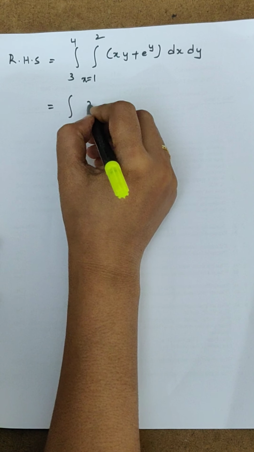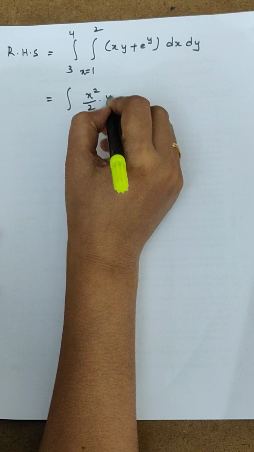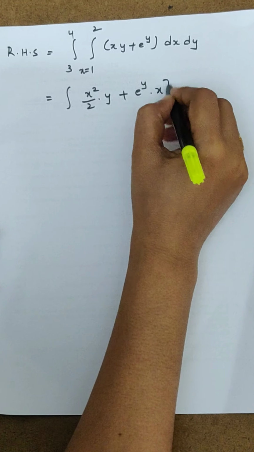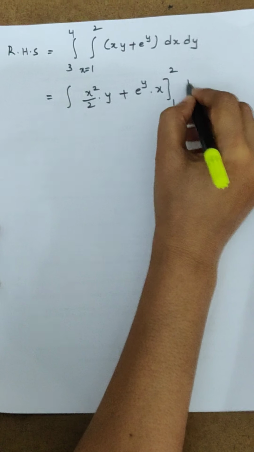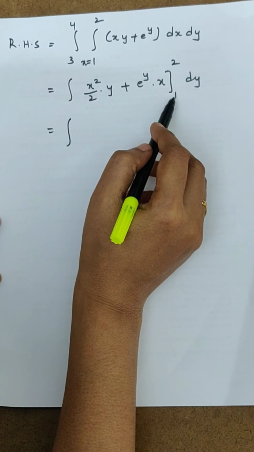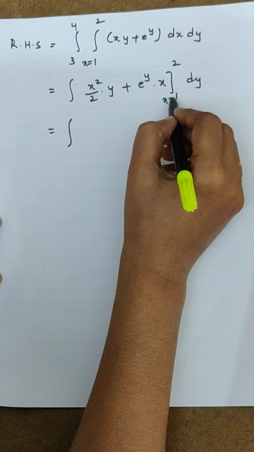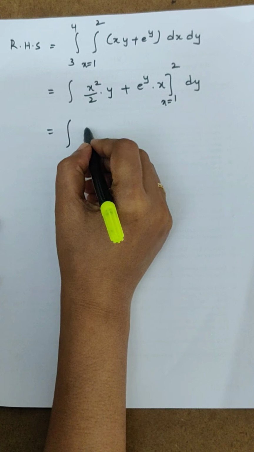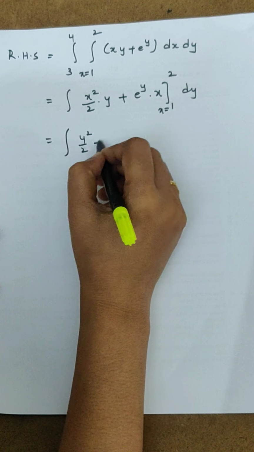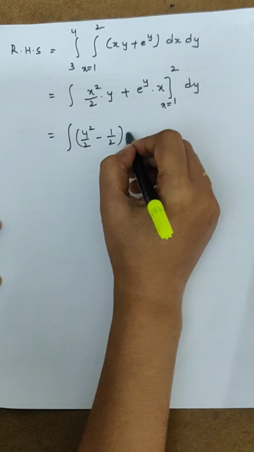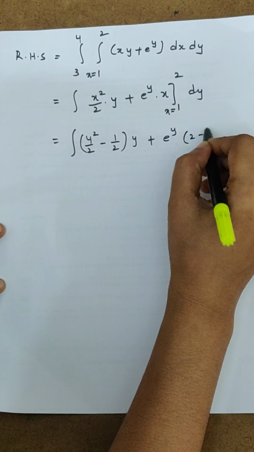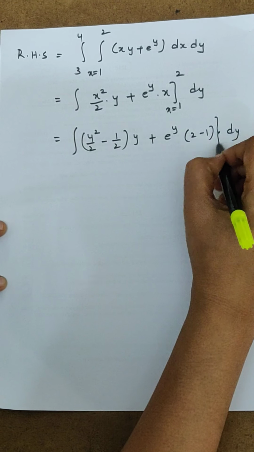So do it with respect to x by keeping y constant, e^y constant, x limits 1 to 2, dy. With respect to x integration over means in place of x we have to substitute upper and lower limits. So 4 square by 2 minus 1 by 2, y plus e^y (2 minus 1) dy.